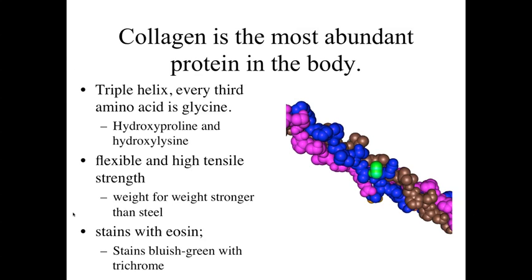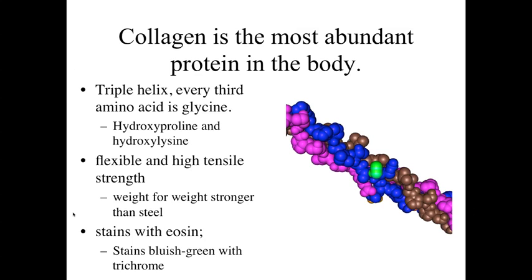So they're very, very strong because you've got three components coming together, giving it flexibility like a rope, but lots of tensile strength. It's almost like a braided rope. You can twist the rope around and move it in different directions, but when you tug on the rope, it's not going to stretch. So it's very, very strong.